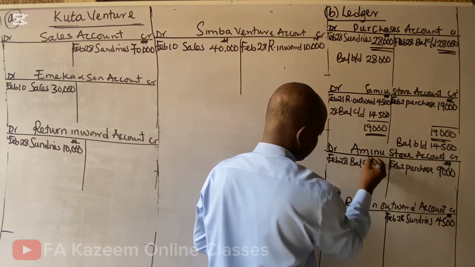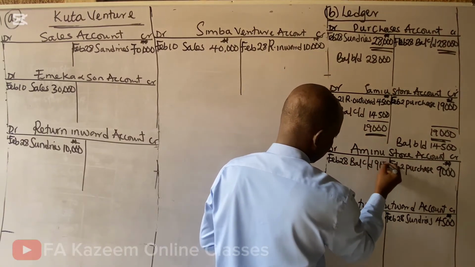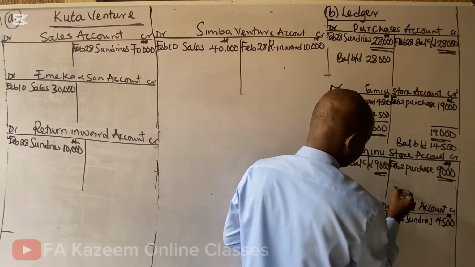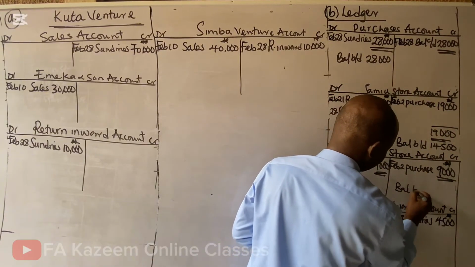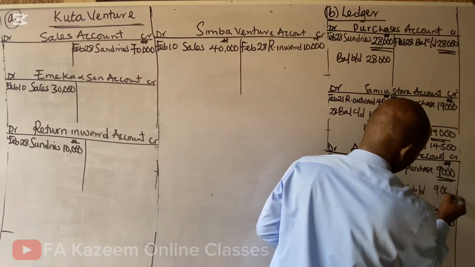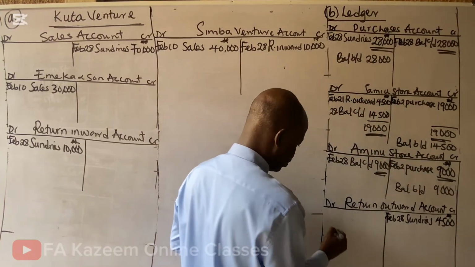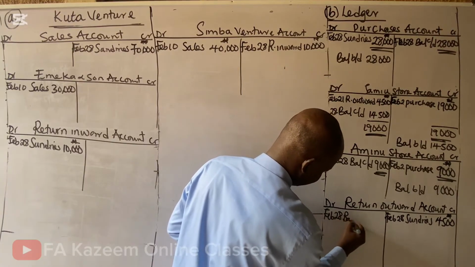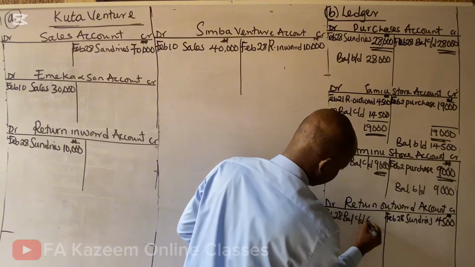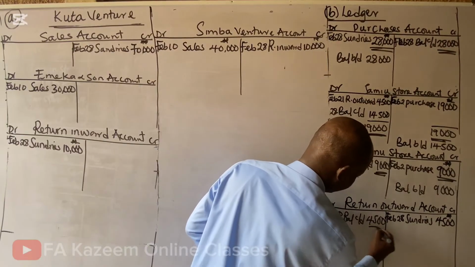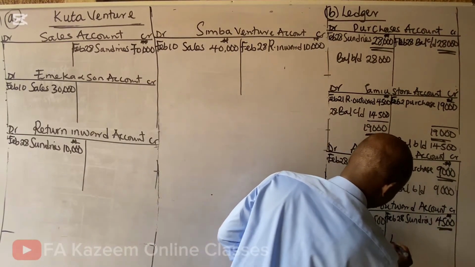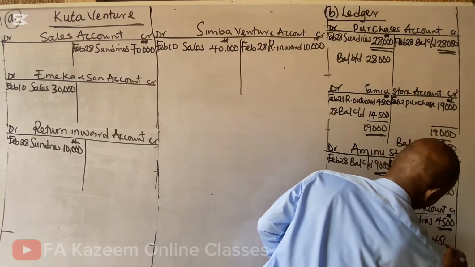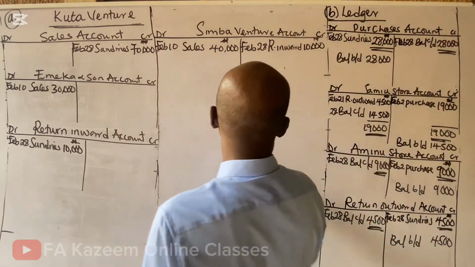Now, for Aminu, balance carried down 9,000. Two lines mean the account has been closed, and we have balance brought down 9,000. For return outward, February 28th, balance carried down 4,500, and we come here, balance brought down 4,500.